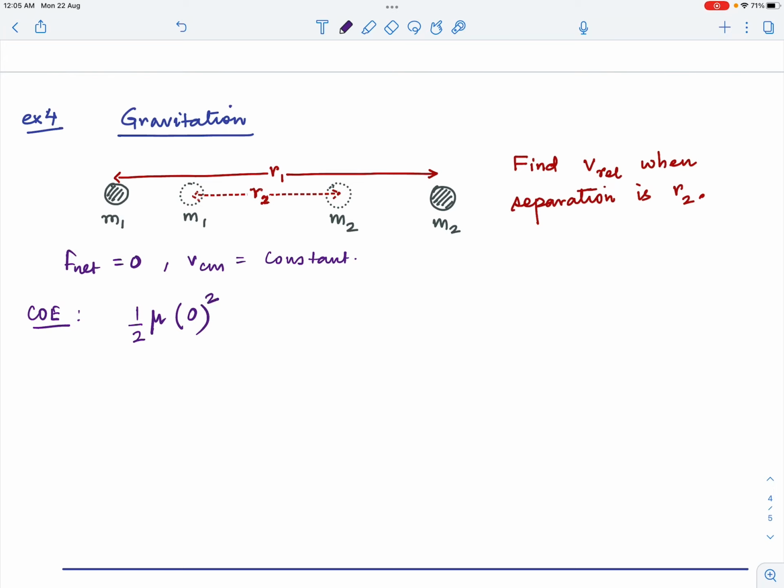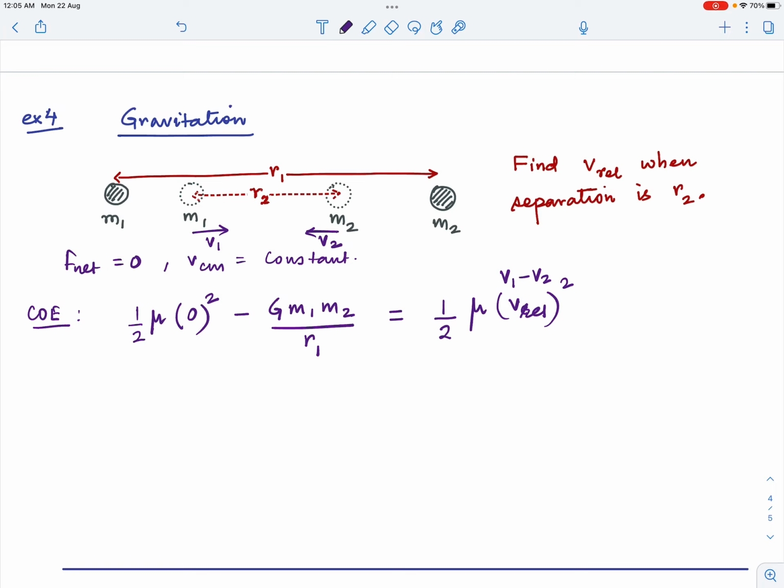So, initial kinetic energy will be 0, but there will be a potential energy here, which we know the formula will be minus G m1 m2 by r1. Now, by law of conservation of energy, this must be equal to the final kinetic energy, which we can assume to be half mu into V relative whole squared, because we get a term containing V1 minus V2 over here, where V1 will be the velocity of m1 at this point and V2 will be the velocity of m2 in the opposite direction.